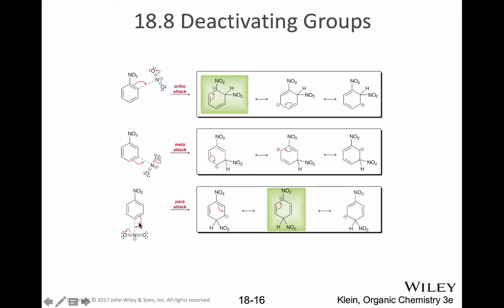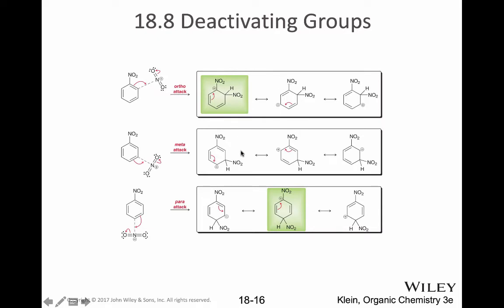And if I put the nitro group para, this is the initial sigma complex that's formed. Then you can draw the different resonance structures. It would be good for you to practice drawing these resonance structures. This moves up, this moves over, and you end up with three resonance structures in each of the cases.